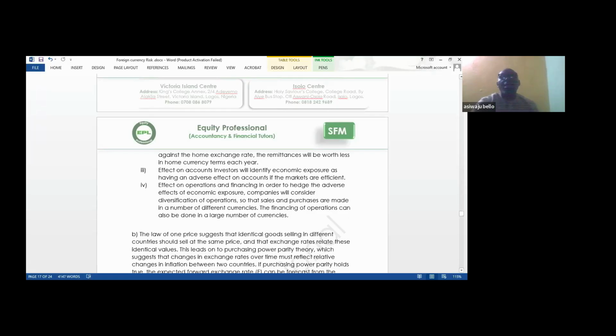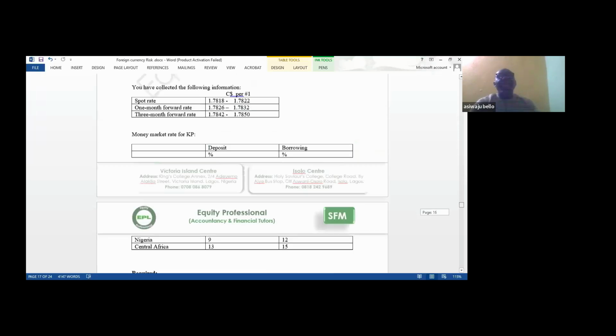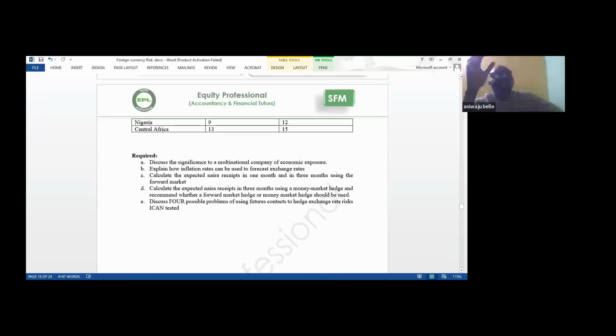Requirement B. Examiner says, explain how inflation rates can be used to forecast exchange rates. How can we use inflation rates to forecast exchange rates between two currencies?